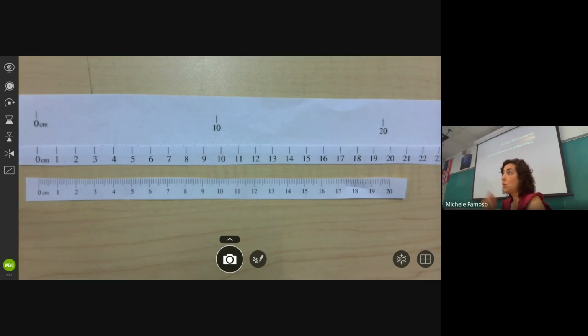Then what you have to do is go one step beyond that and estimate the measurement within a part of the division, one more decimal place. You're going to guess the next decimal place. Estimate the next decimal place position. And that's how we use precision when we make measurements, if we're doing it correctly.